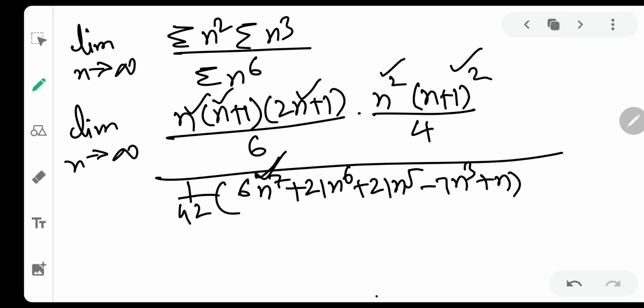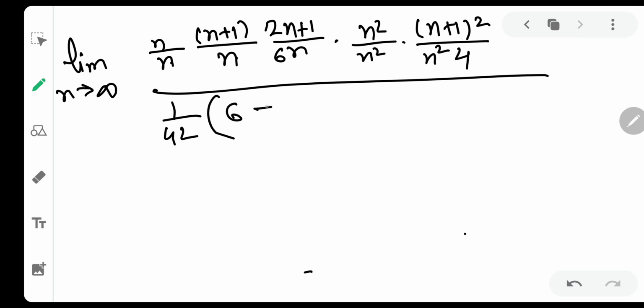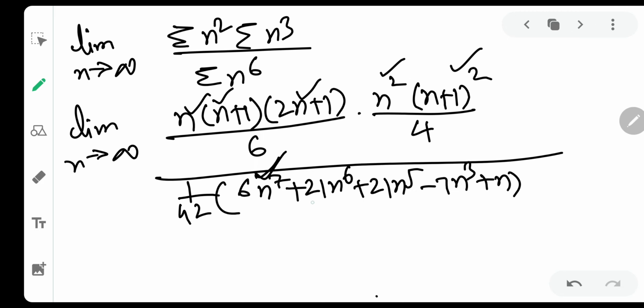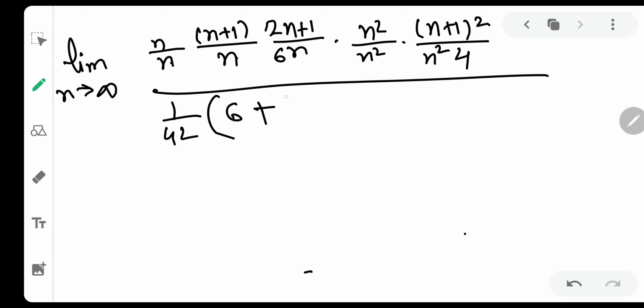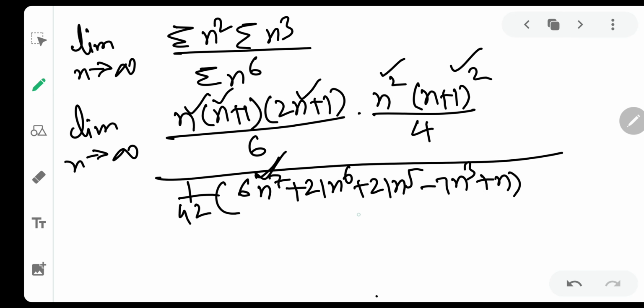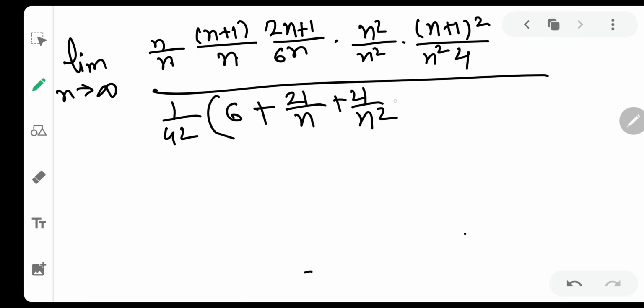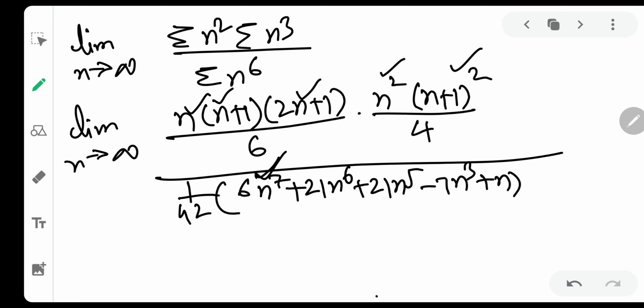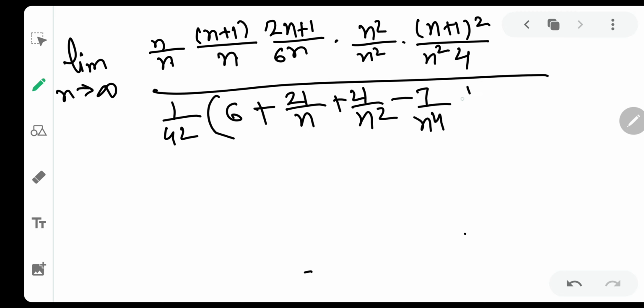So 6n raised to 7 divided by n raised to 7 will be 6, and then 21n raised to 6 divided by n raised to 7 will be 21 by n, and the next term is also 21 by n square, and the next term will be minus 7 by n raised to 4, and the next term will be 1 by n raised to 6.